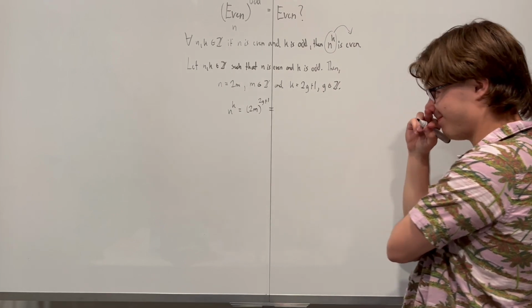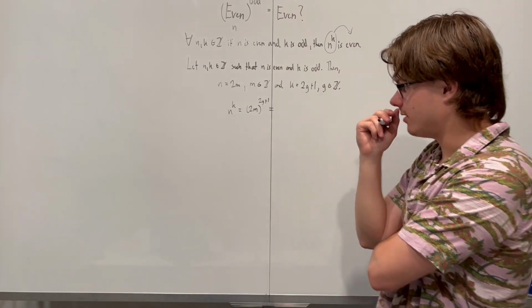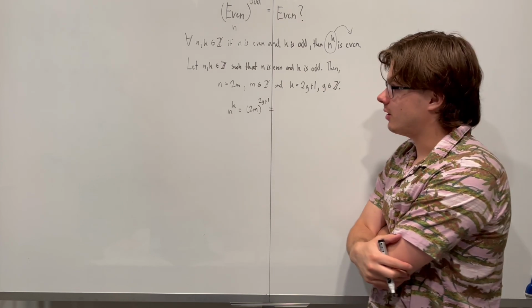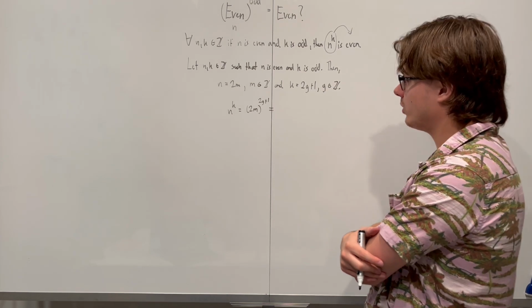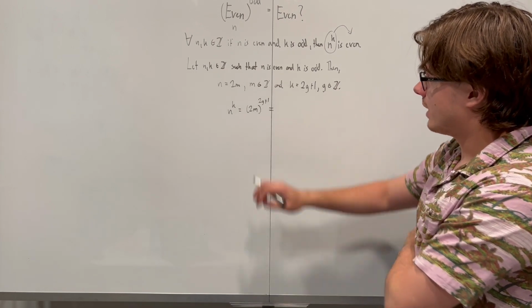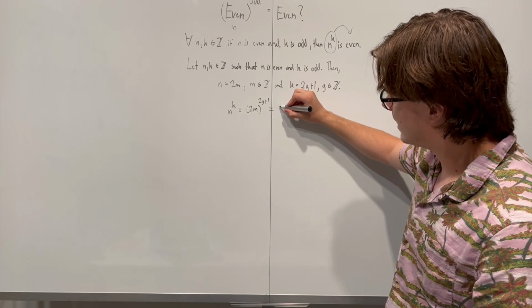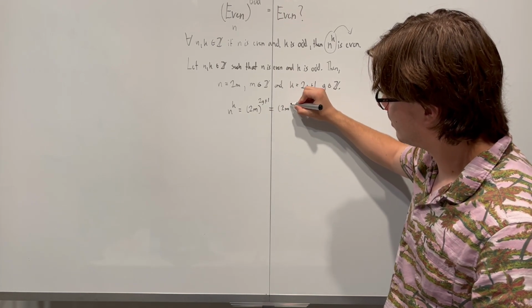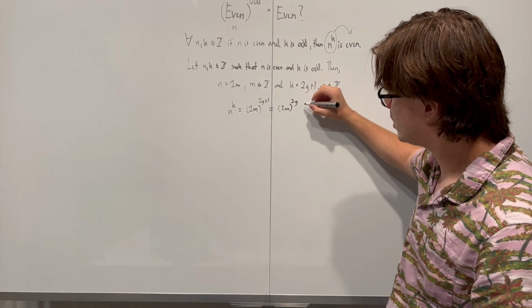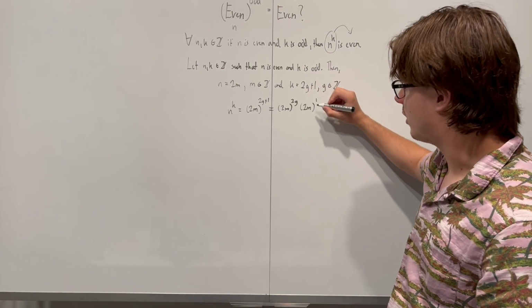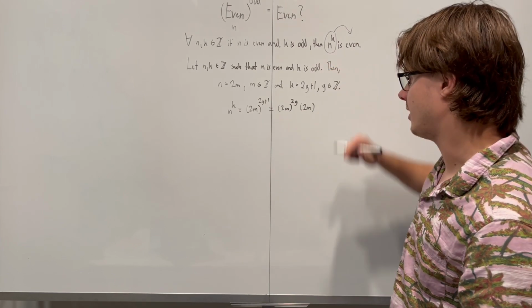Now, powers are a little harder to see, so we're going to have to use some things we remember from before. We should probably split this up. We'll remember that this is the same as (2m) to the power of 2g multiplied by (2m) to the power of 1.